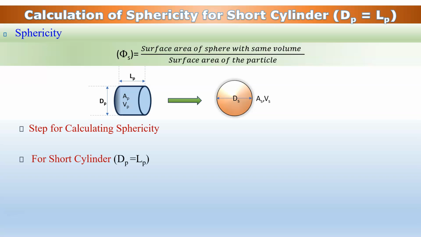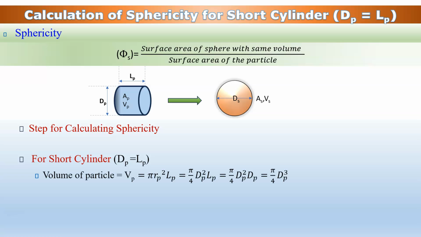Now the steps for calculation of the sphericity. First we took that short cylinder, so dp is equal to lp. First we have to calculate the volume of the particle. Volume of the particle is pi r square lp. Now rp is nothing but dp by 2. We plug this value, so we get pi by 4 dp square lp.